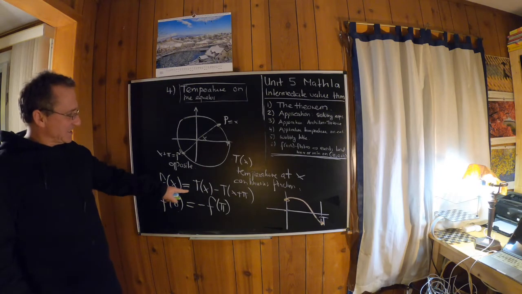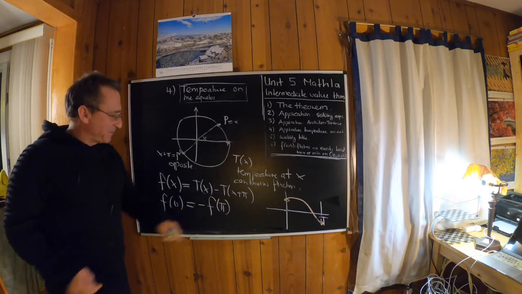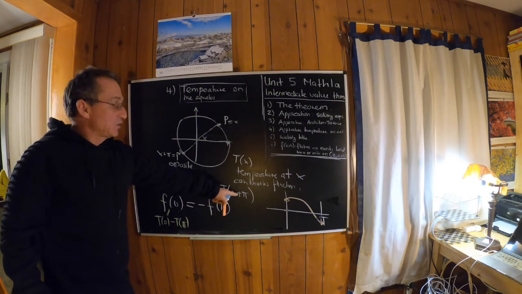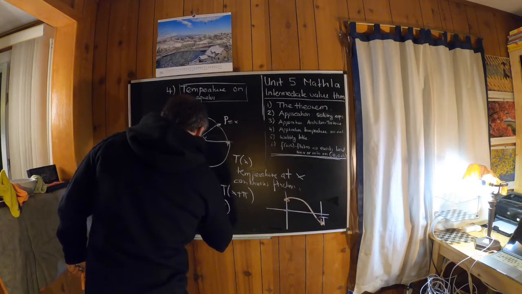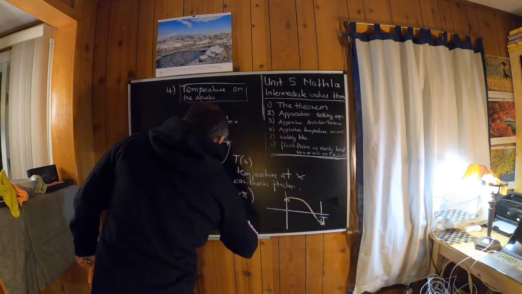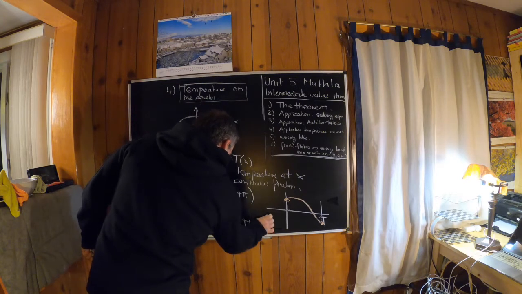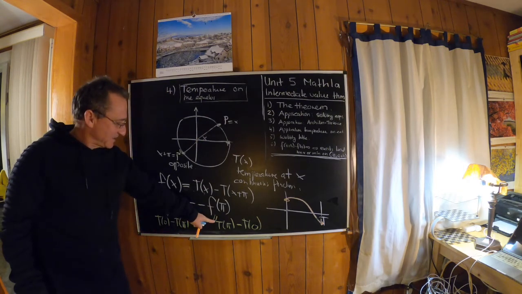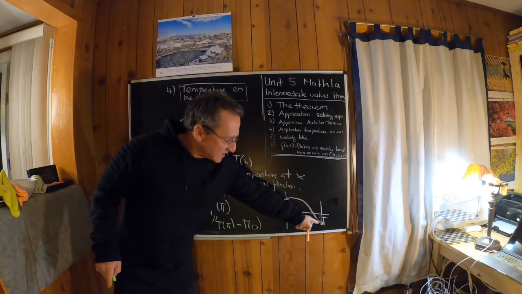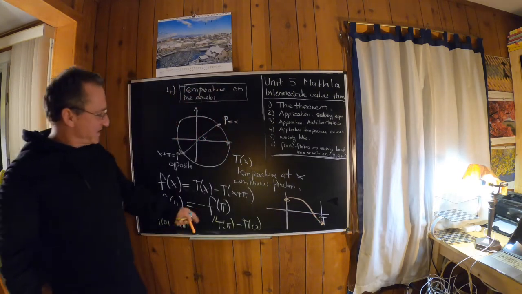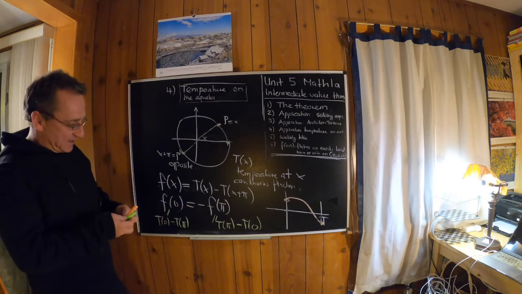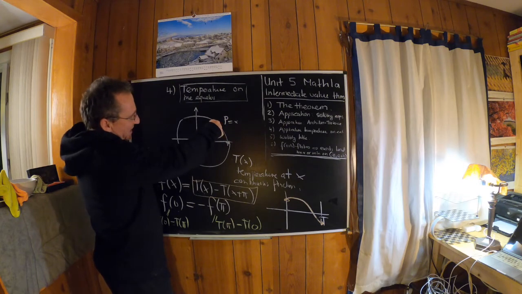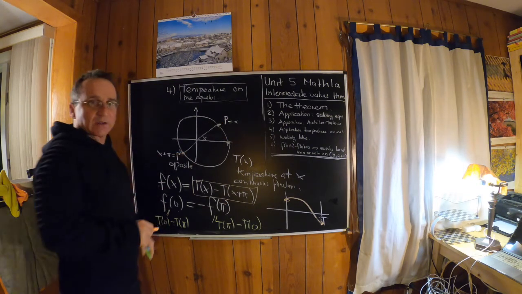The reason is that if you put in 0, we get T of 0 minus T of pi, while f of pi is T of pi minus T of 2 pi, which is T of pi minus T of 0. So you see, that's just the opposite. And because it's the opposite, there has to be a point where f is equal to 0, and f equal to 0 means we have a point where the temperature at the point and the temperature at the opposite point are the same.